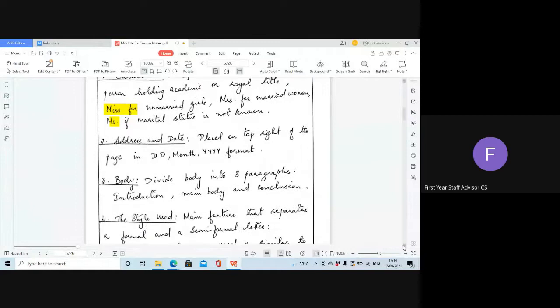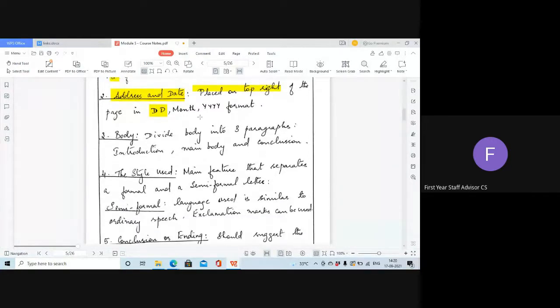In the case of other letters, you have to write the address and the date placed on the top right of the page. The date is a day, month, and year: 2 digits for the day, then month, and then 4 digits for the year, comma.